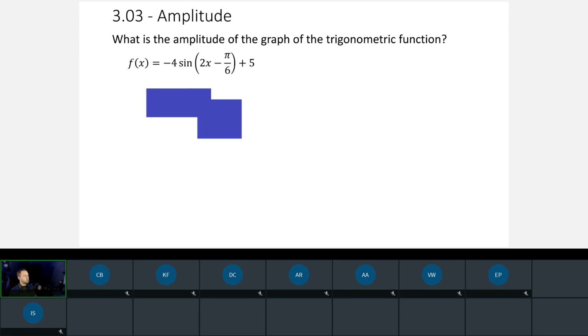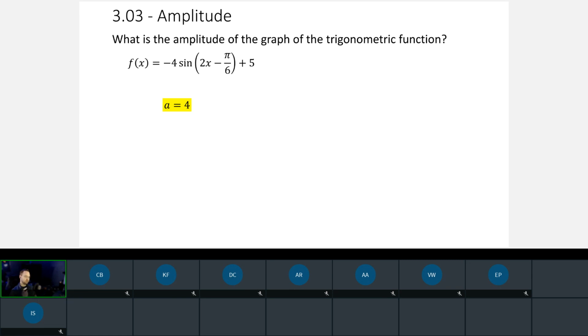All right, what is the amplitude of the graph of the trig function f of x equals negative 4 sine of the quantity 2x minus pi over 6 plus 5? What is the amplitude? Just 4. It is just 4. You were right. So don't be fooled by this question if you happen to have a negative in front. Remember, amplitude is always positive.